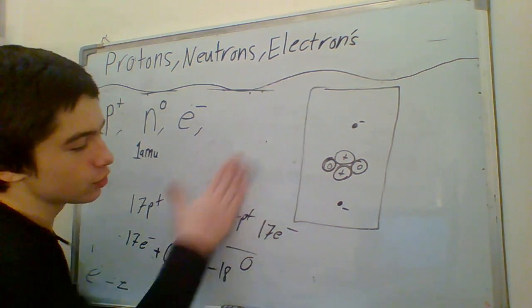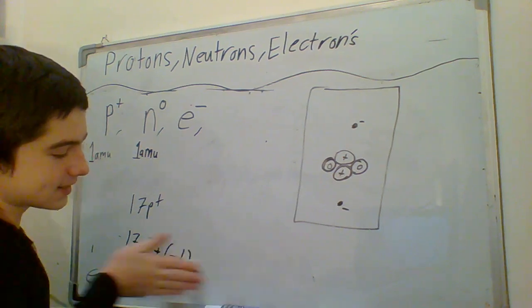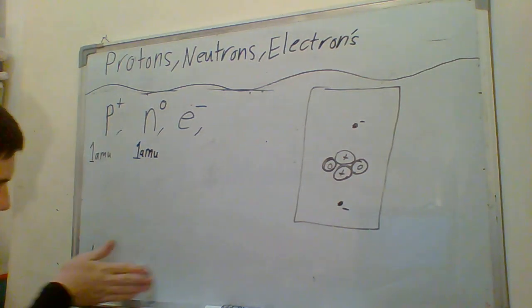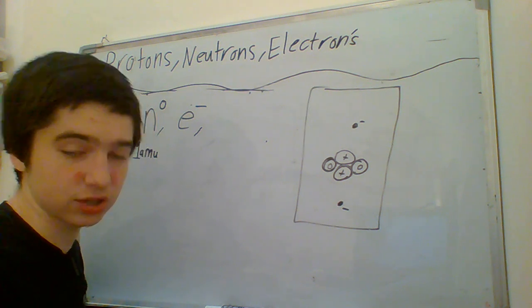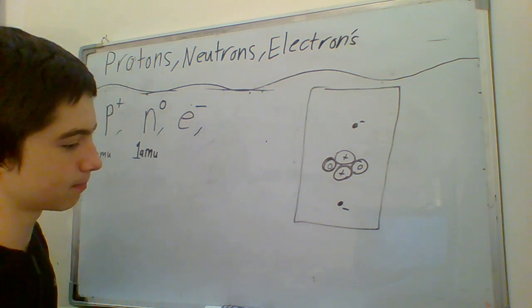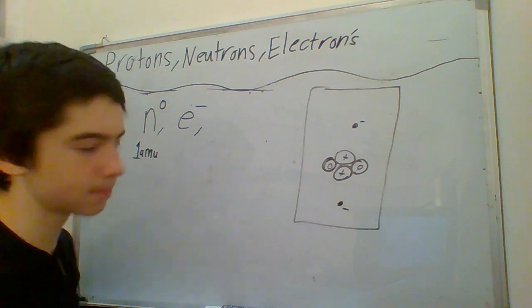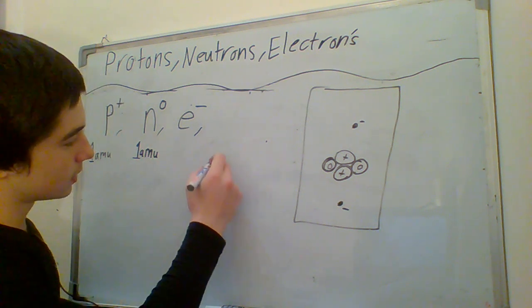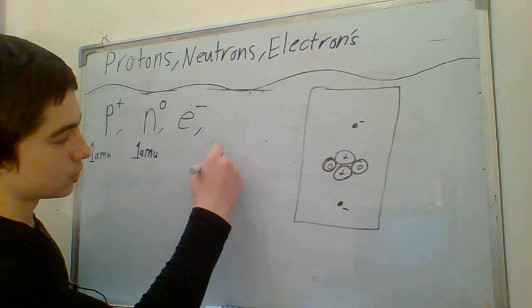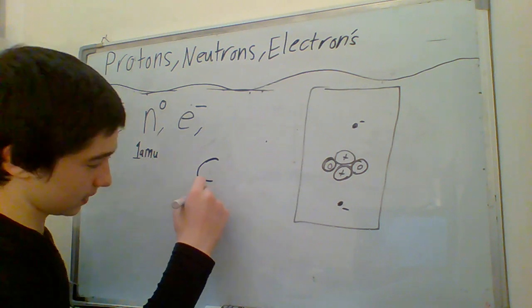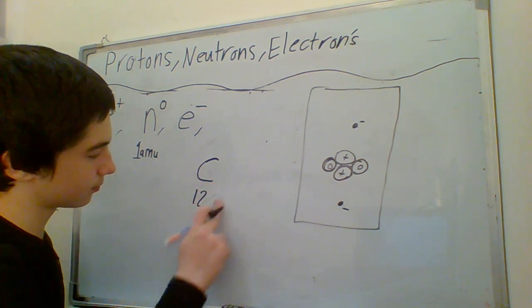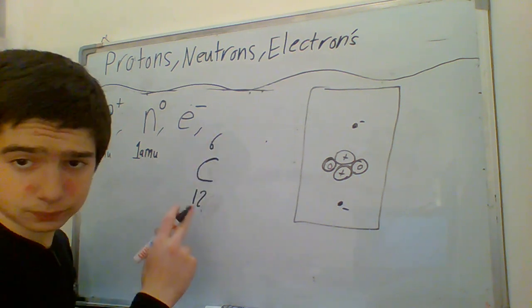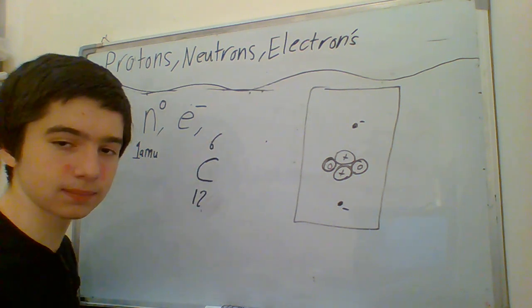Now for the number of neutrons, it is really simple. For the number of neutrons, you just take the atomic mass and subtract the atomic number. Let's take an example. Carbon. Okay, so carbon has a mass of 12.01, let's say 12, and the atomic number of 6.